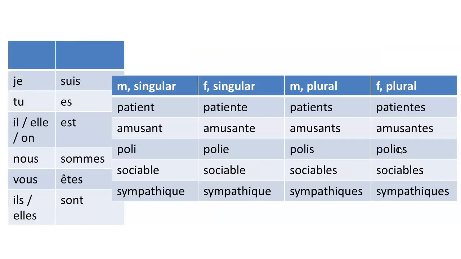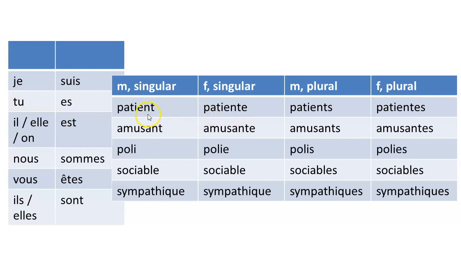So in the following chart here, what I've done is I've just converted that notation into a chart that has all of the forms. Now there's a singular form, masculine singular. So if I'm describing a man as patient, I would say patient. If I'm describing a woman as patient, I would say patiente. We have to add the E from the notation, and it also changes the pronunciation.